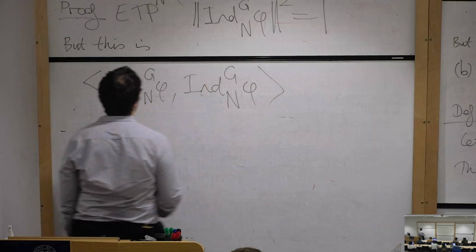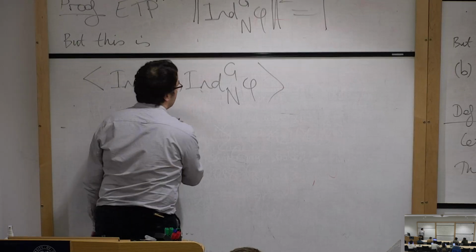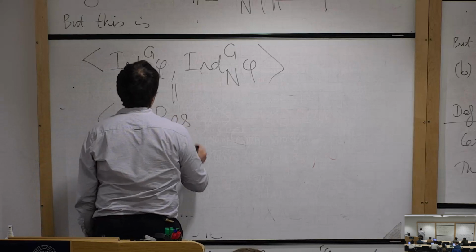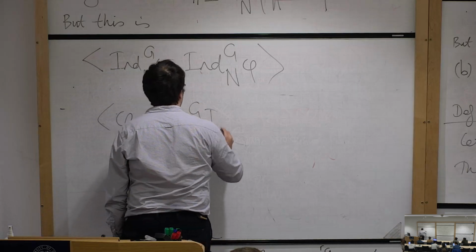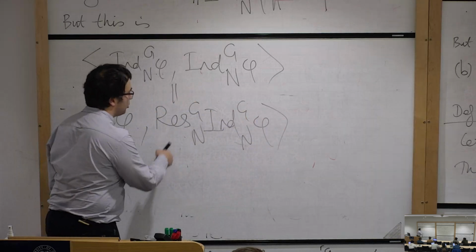Frobenius reciprocity tells me I can move the induction from the left and replace it with restriction on the right. That's nice and easy and formal. But now you are left wondering what this is. Fortunately, I've done this already.